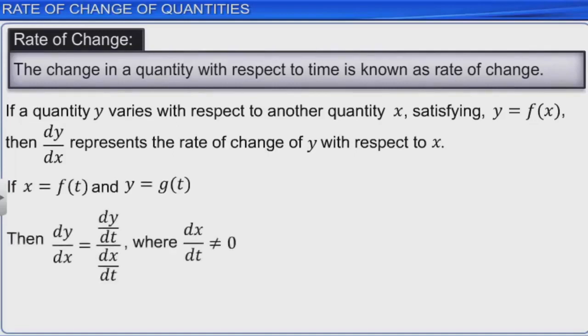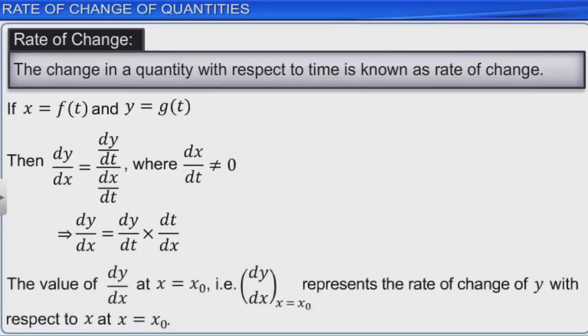In this case, the rate of change of y with respect to x can be calculated by using the ratio of rate of change of y and the rate of change of x, each with respect to time t. Or dy upon dx is equal to dy upon dt into dt upon dx.